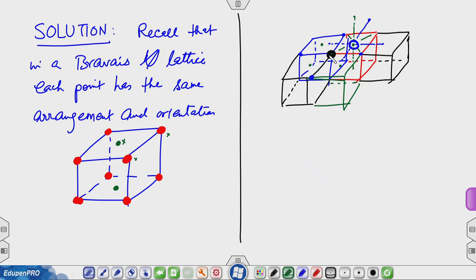So, no matter whether you are at the conventional corner points or at the points in the middle of the horizontal faces, the orientation of all the points is looking the same, and this implies that it is a Bravais lattice. If it is a Bravais lattice, there is an A here.